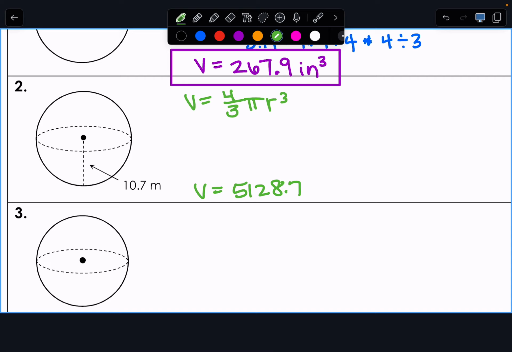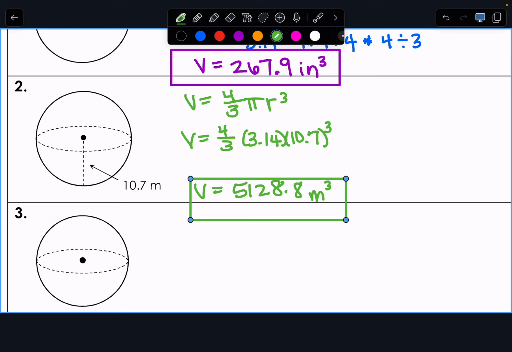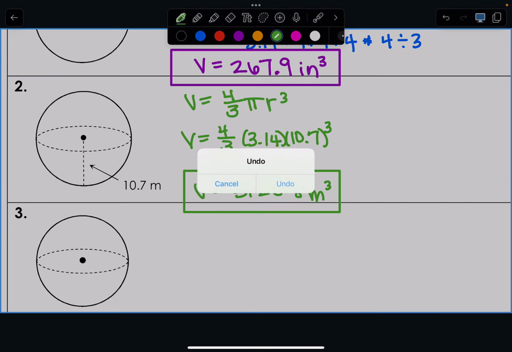Yes, it is. Is it 0.8 or 0.7? 0.8. So we have 3.14 times 10.7 times 10.7 times 10.7 times 4 divided by 3, and you should be getting 5,128.8. Does that sound fair? Meters cubed. Thank you, Kaylee.